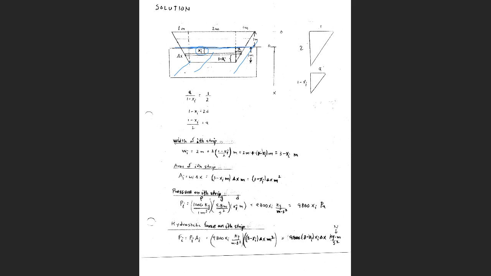Well, that distance x sub i, the water is acting on this portion of the plate, right? So from here to here, distance goes from 0 to 1. That's how we get it.